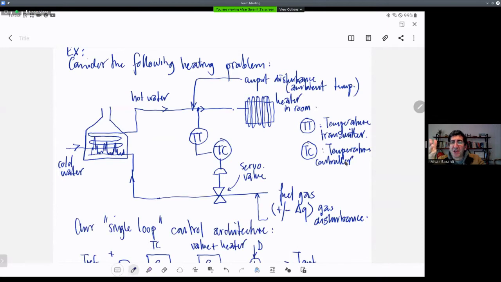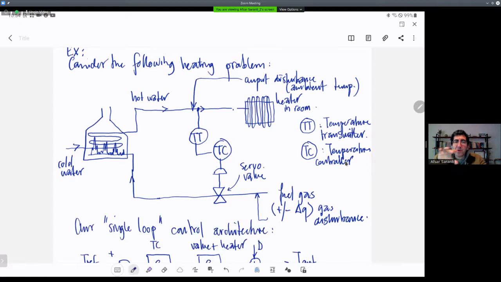So when we change the fuel flow, it takes a long time for it to have an effect on the room temperature, because the fuel changes how much fire there is in the heater, and then that has an effect on the cold water coming in, and eventually it has an effect on the room temperature. Okay, so from the fuel gas to the room temperature, there is a large time constant.